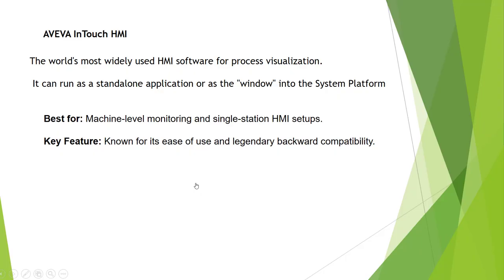Third one is AVEVA InTouch HMI. This software is the most widely used software for process visualization. You can use this software as a standalone application on the Windows system platform. It's best for machine level monitoring and single station HMI.